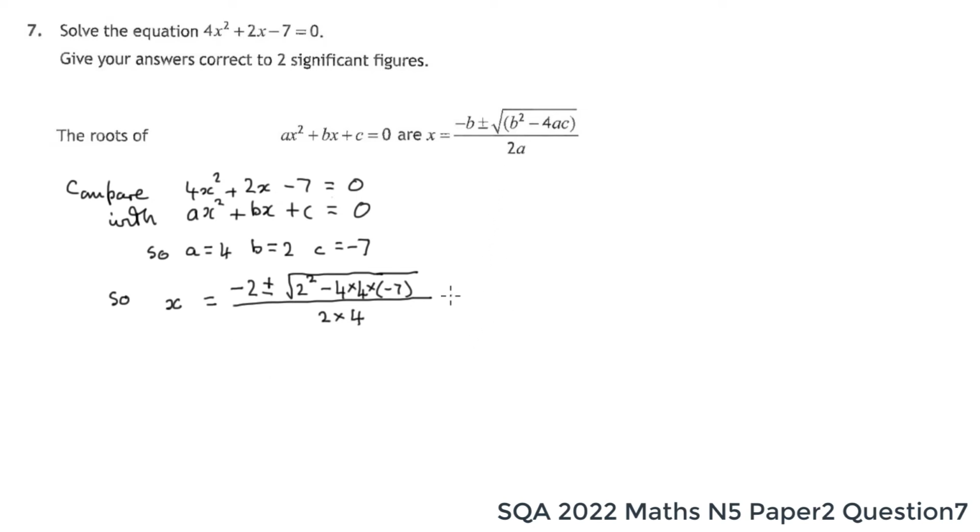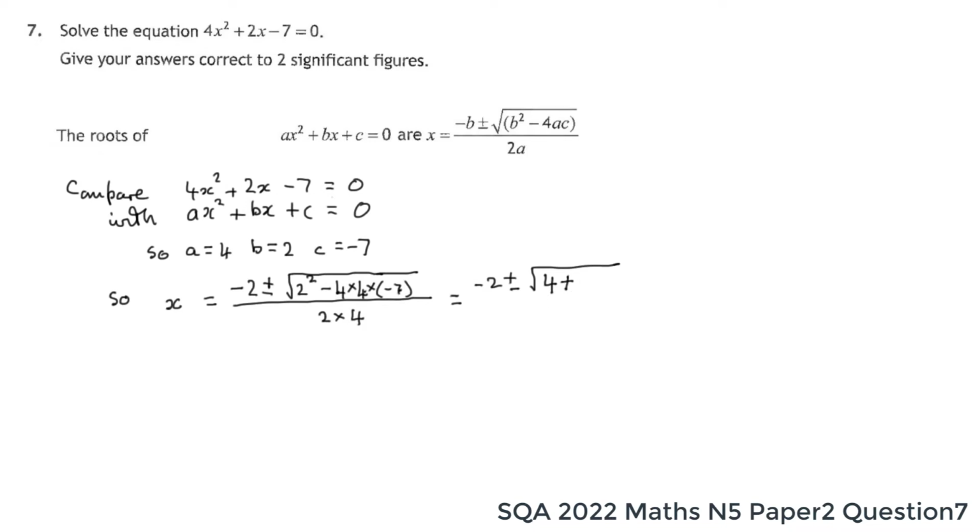And there's bits we can do without a calculator just to tidy this up. So -2, we're adding or we're subtracting, there's a choice. Square root of, now 2 squared is 4. And let's work out -4 times 4 times -7. So that whole second part will be a positive value. 4 fours are 16, 7 16s.